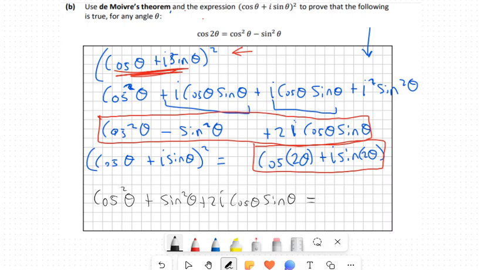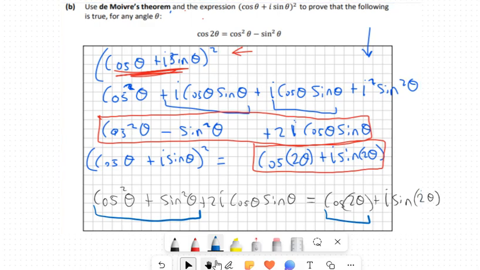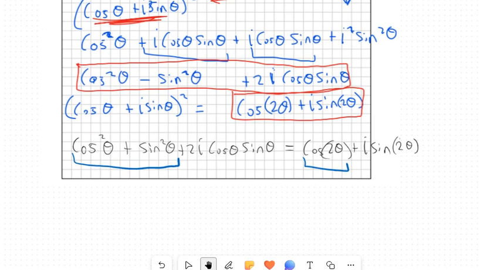So that's the first red box. That has to be equal to cos 2 theta plus i sine 2 theta. Then it's just about letting the real parts be equal, because the real parts have to be the same as each other. So that there is equal to that. That's the thing we were asked to prove. And that's cos squared theta minus sine squared theta is equal to cos 2 theta.